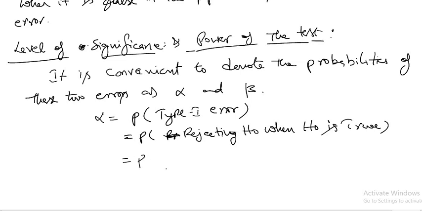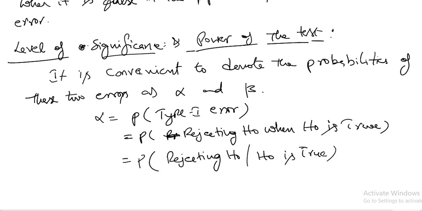That means in our probability notation we can say: probability of rejecting H naught given H naught is true equals probability of test statistic belongs to C. C is what?